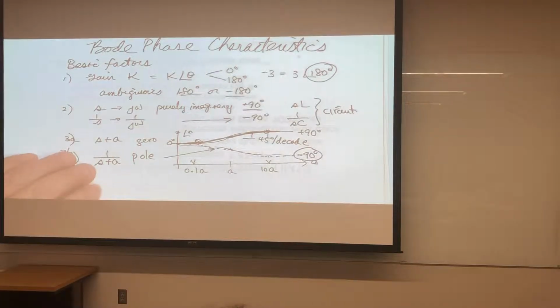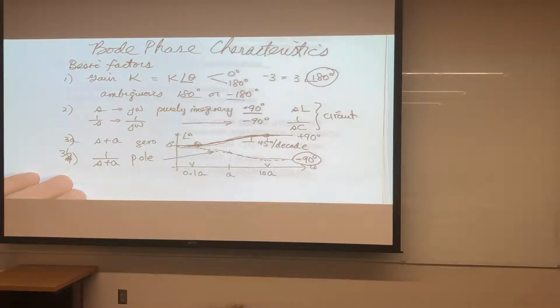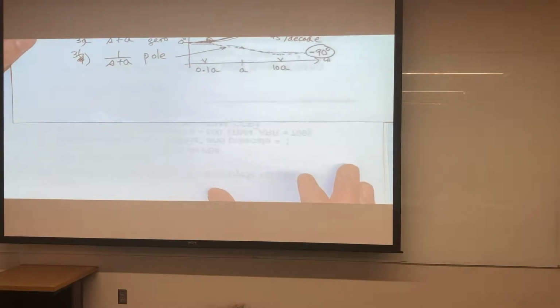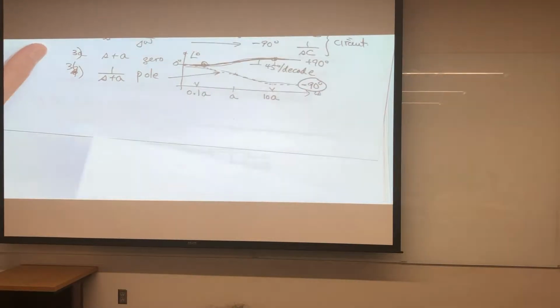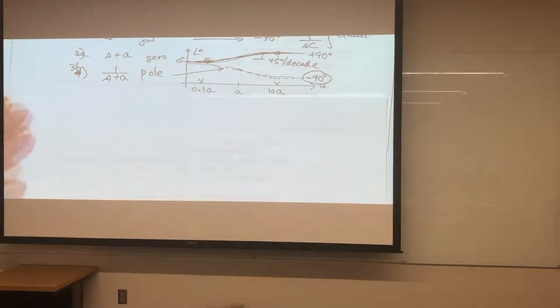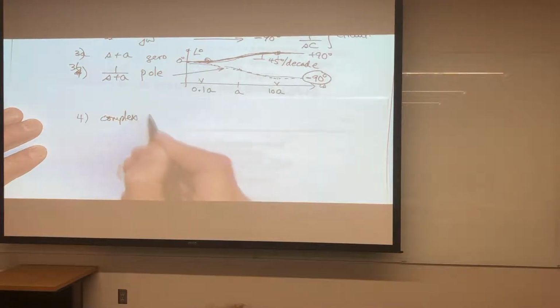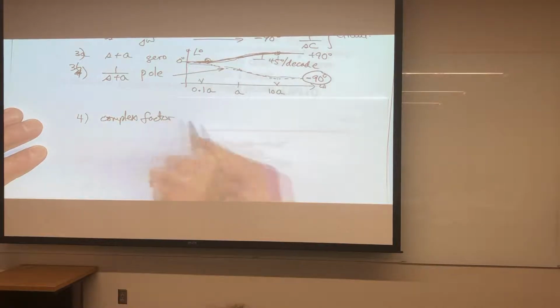The other factor that we have to deal with is the complex term. Let me put that on another page. Slide this up here. We'll put the complex term. Let's call that 4. The complex factor, we can draw, again, the scale.